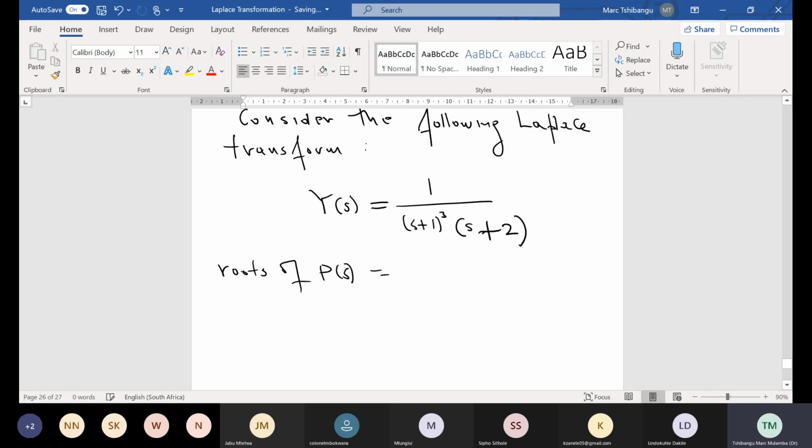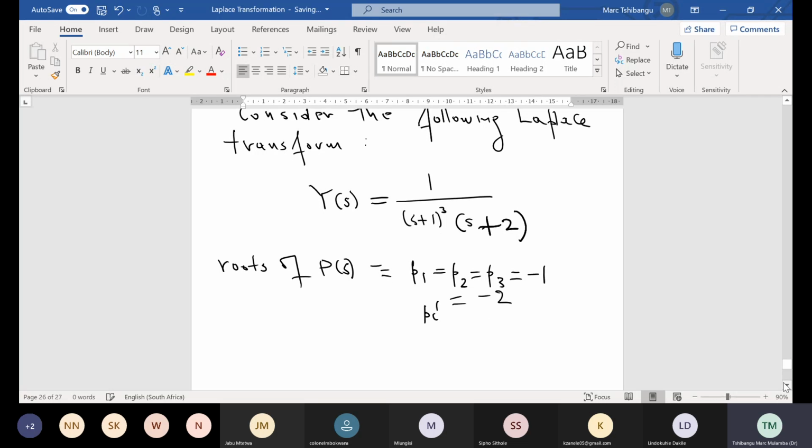just equate each factor to 0, and then you have negative 1, so you can say P1, P2, and P3. The order is 3. We're going to have 3 roots, negative 1, and P4, that is equal to negative 2.